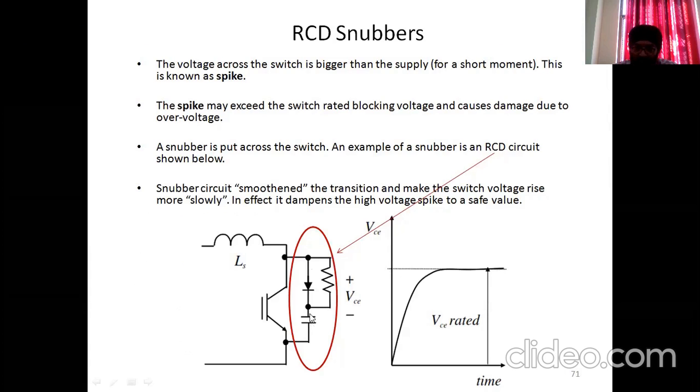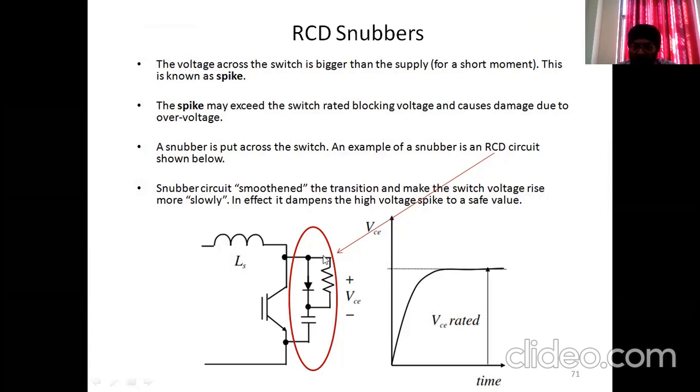Whenever we need to discharge this capacitor, we cannot do it through this diode because it is reverse biased now. So we need to go through this path, which is the resistance. This resistance will dampen the high charge over here, to limit the current. This resistance will be used to limit this current. So a smooth current will flow over here, a smooth current to charge the capacitor.